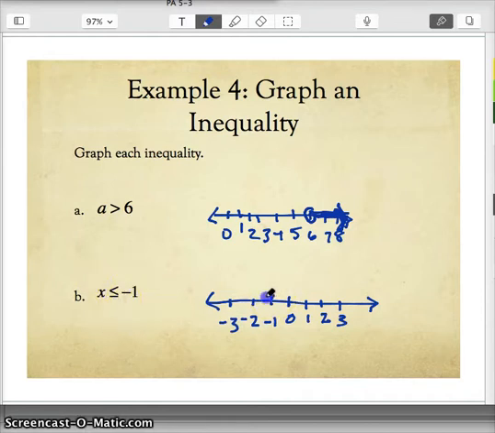Since it is equal to -1 or less than, I'm going to shade in the -1 because I want this to be included in my solution. So I know that x is equal to or less than -1. I'm going to shade to the left where all the numbers are less than -1. And this is how we graph inequalities.